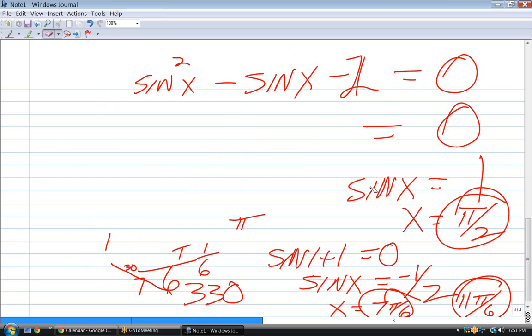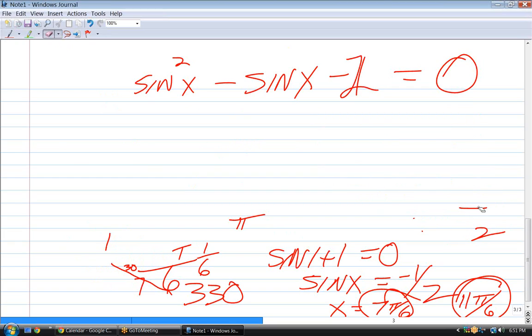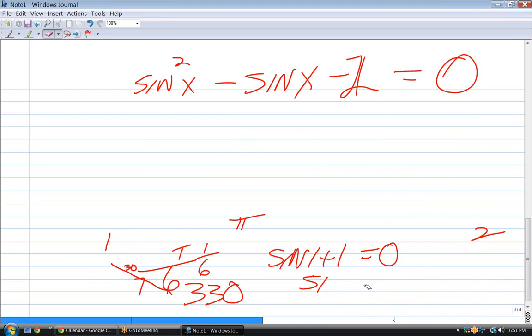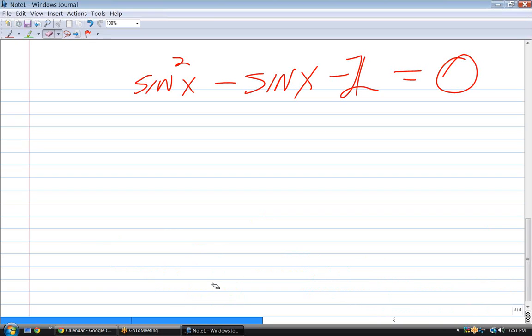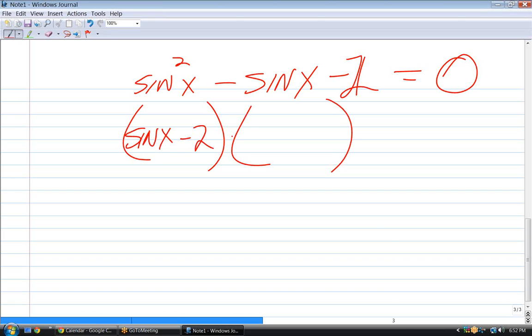Solve that. Factor it. Now, when we go to solve it, we get sine x equals 2.